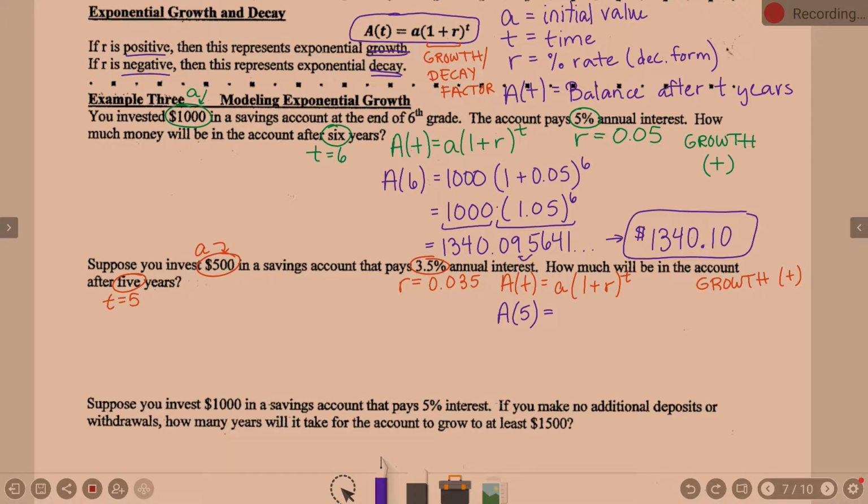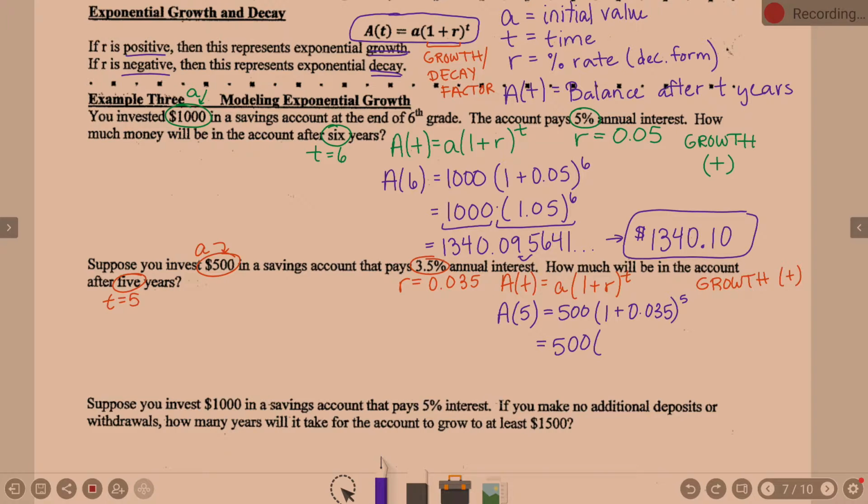Notice on the last one, did I ever do anything with that 6? No, that's what I was finding. This is just what I'm finding here. Little a, what's my initial value? 500. 1 plus R. 1 plus 0.035. Raised to the T. Raised to the 5th.